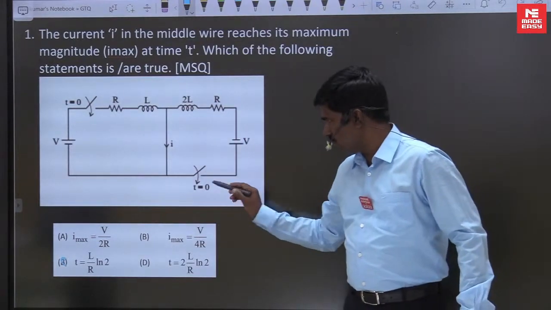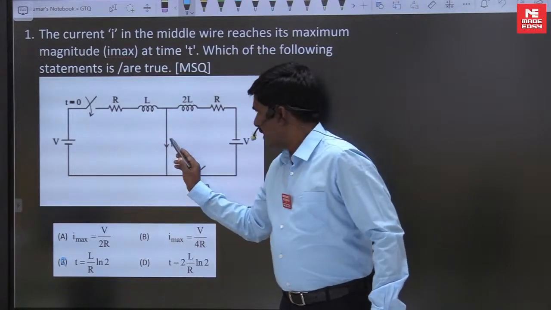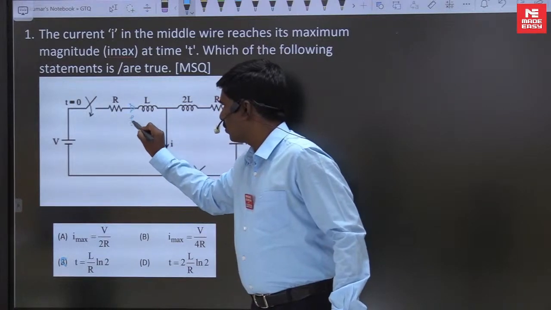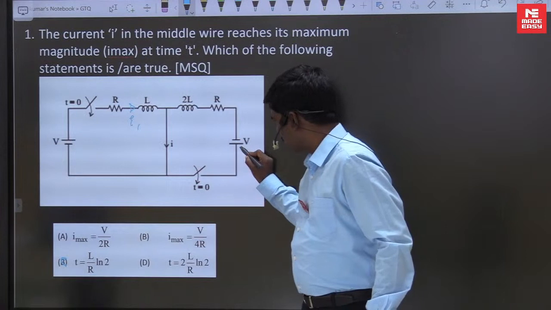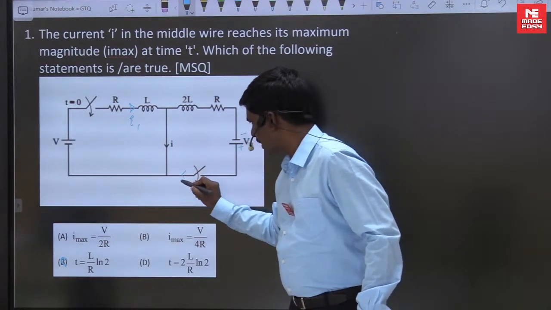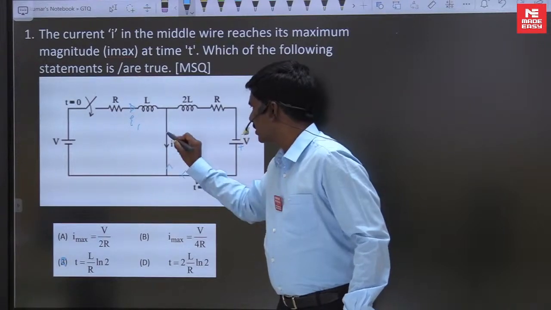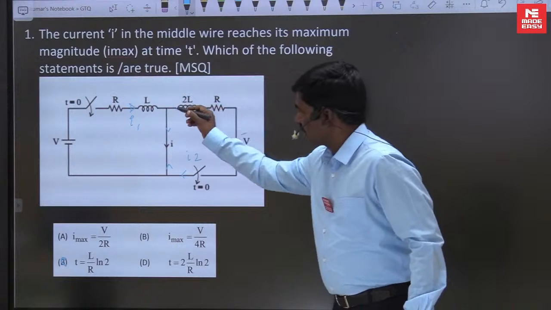At T equal to 0 the switch is closed. Suppose this current is I1, flowing here in this direction from the positive terminal. I2 is upward, and this current is downward through the short circuit path. How to find the short circuit current?